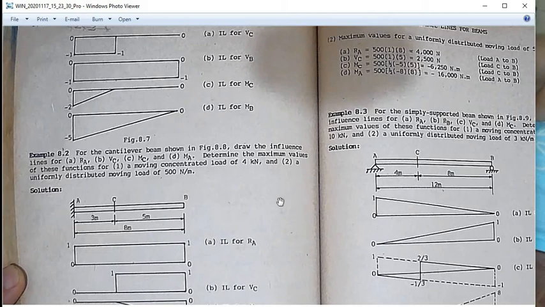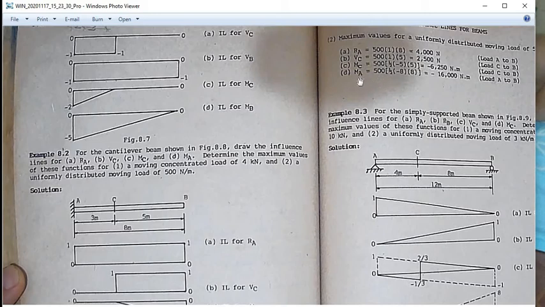And then times 1/2 nung length. Okay? So, kaya meron dong 1/2. And that will give you negative 6,250. Notice na yung 500 na yan, parang pinalitan lang natin yung unit load. Ano?